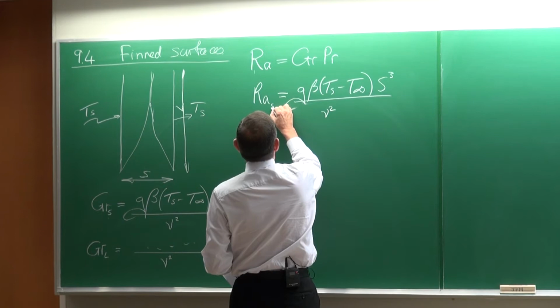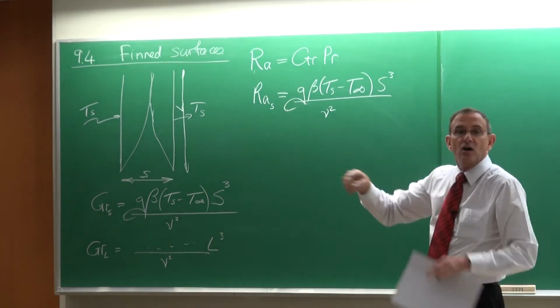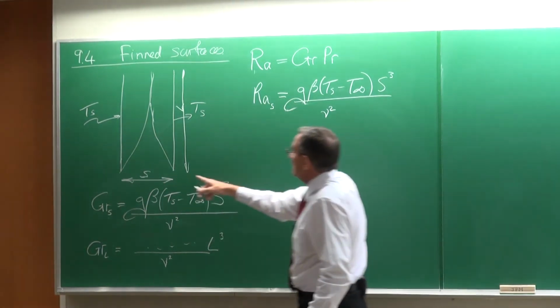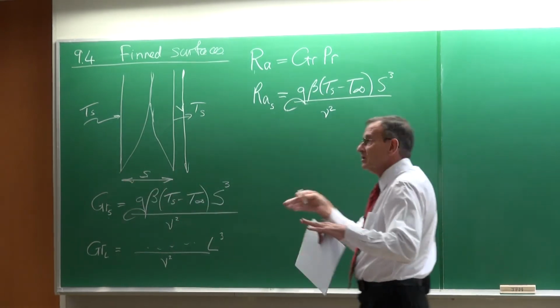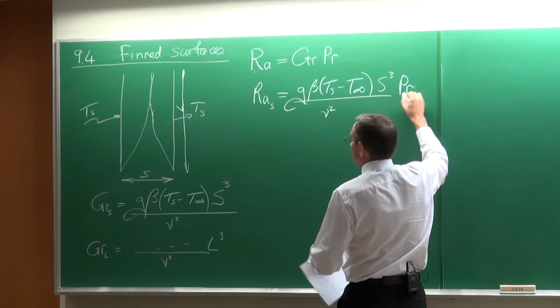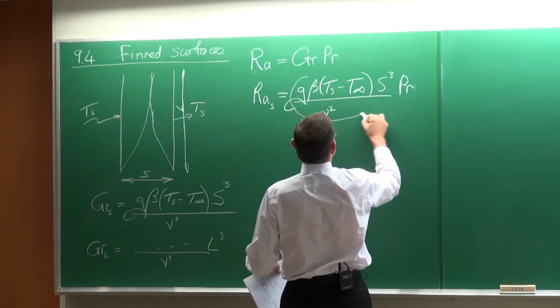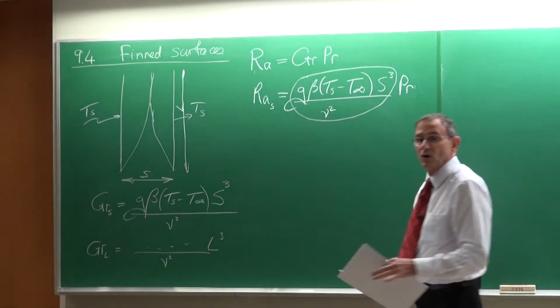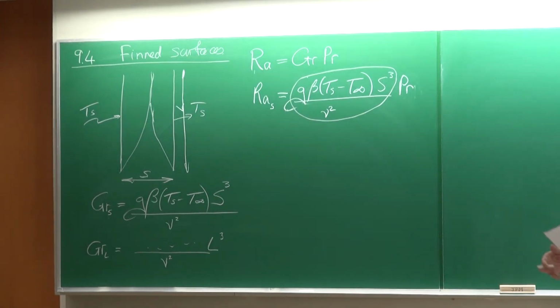We will indicate in this case that it is based on this distance S, which is the distance between the two plates. And the Rayleigh number would then be equal to the Grashof number, which is this part, multiplied by the Prandtl number. So it's very, very easy.